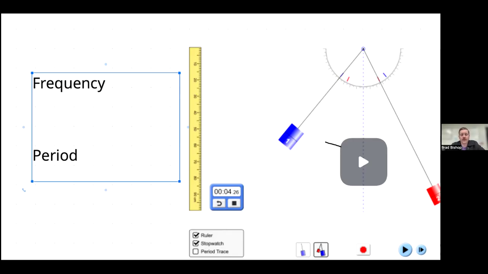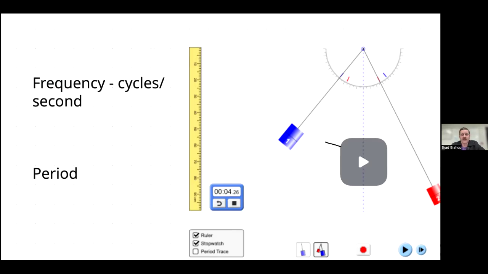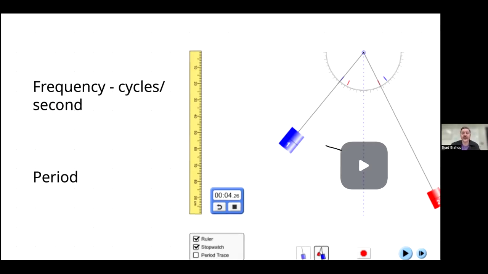In other words, if we were to start a timer and I were to time 1 second on this pendulum, and I were to count how many times it completes its back and forth motion in 1 second, that number would be the frequency. How many times does it repeat its motion in 1 second? So a thing like a pendulum typically is going to have a relatively low frequency. It takes a while. Right now it's going in slow motion to slow it down a little bit, but typically a pendulum's not going to have a huge number of back and forth motions per second.